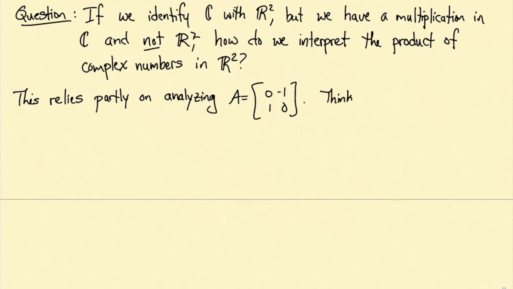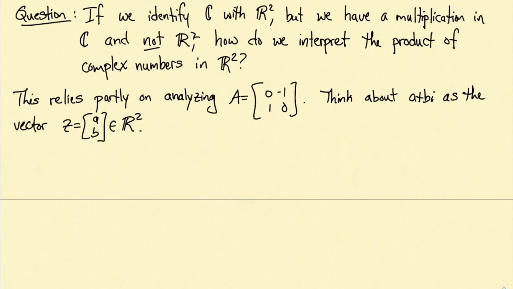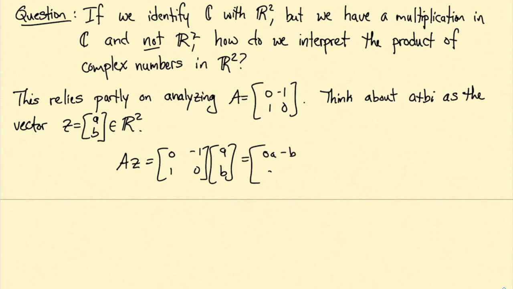So if we think about a complex number, a plus bi, as a vector with entries a and b in R2, if we multiply A by z on the right, then we can see that we'll get the vector (0a - b, 1a + 0b), and this is the vector (-b, a).